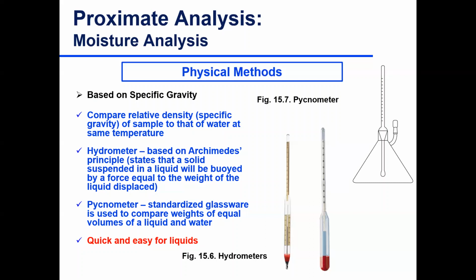Standardized glass hydrometers will have different scales on them, used for different density materials, different moisture content materials. If you have your sample, you can put the hydrometer in there, see where it floats, and read off the sugar content or other material.